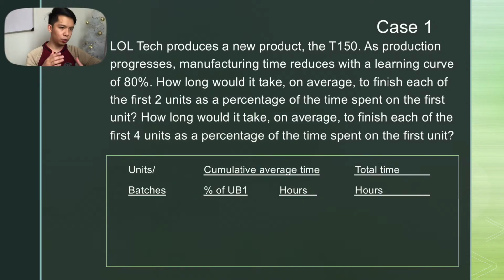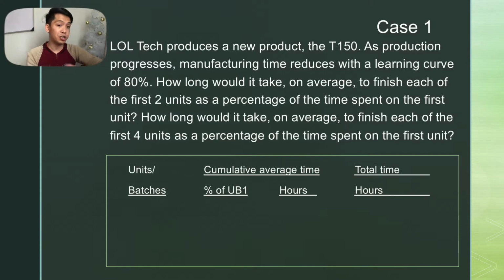So what we're going to do first is to understand the question. The question calls for the average time spent on the first 2 units as a percentage of the time spent on the first unit.